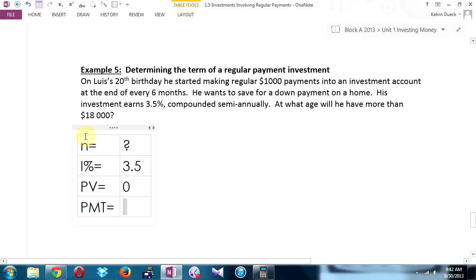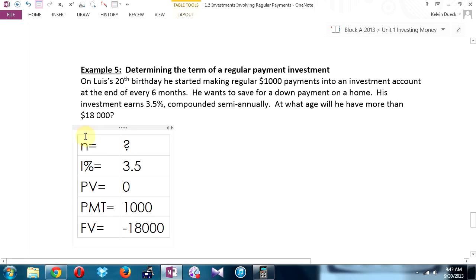What's the payment? What do we want the future value to be? Careful. Negative.